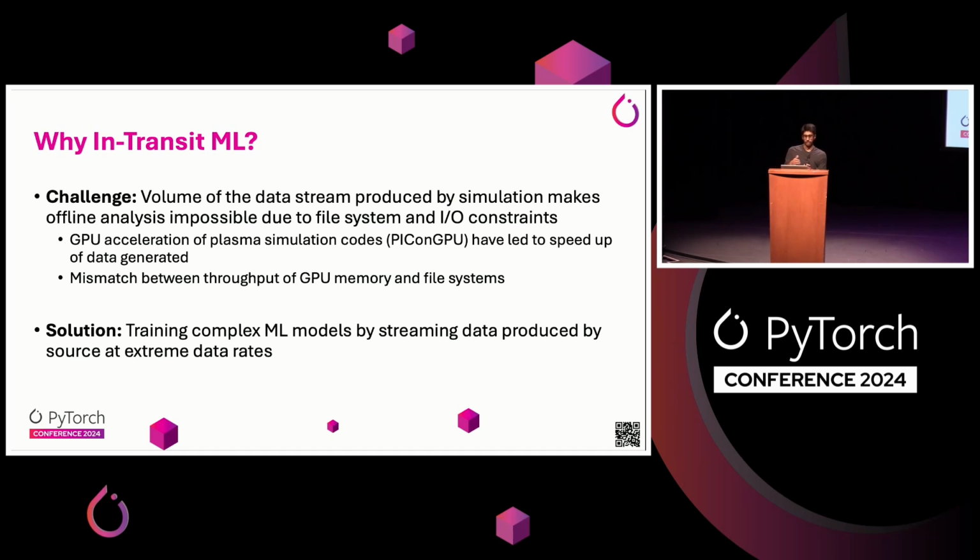This is because the GPU acceleration led to an increase in data generated. So there is a mismatch between the throughput of the GPU memory and the file system throughput. The solution is to use in-transit training of complex ML models, which requires processing of data produced at source by the simulation at extreme data rates through streaming.